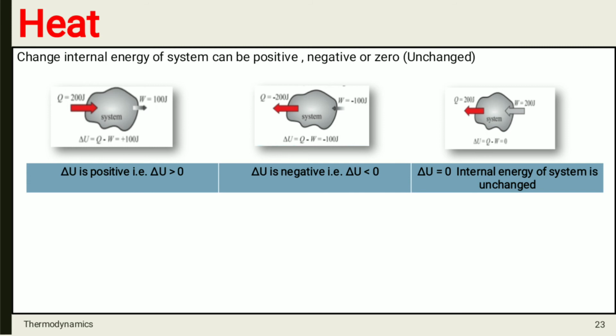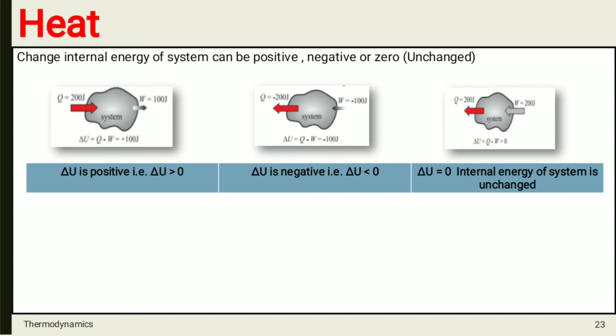You will get 100 plus 100 joule as the change in internal energy, that is, delta U is positive, that is, delta U is greater than 0. In the second figure, you can see that the amount of heat added to the system is less than the work done by the system on the surrounding.